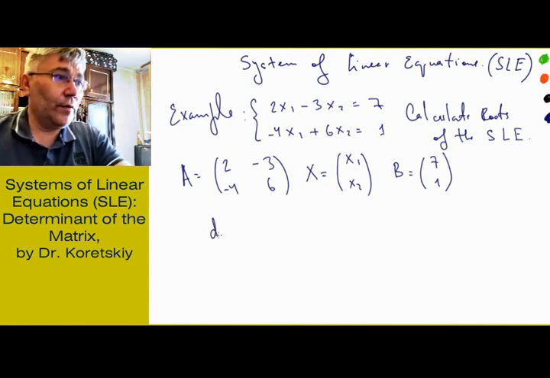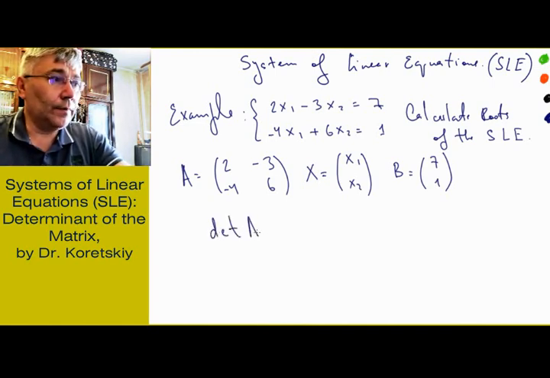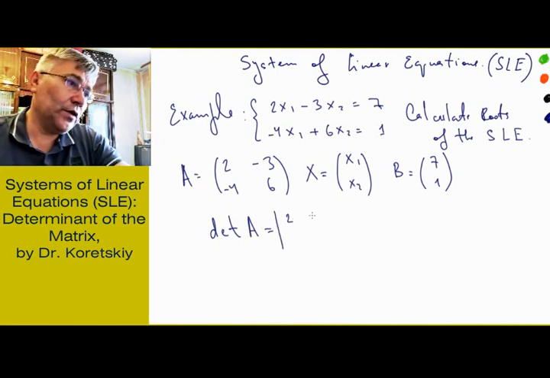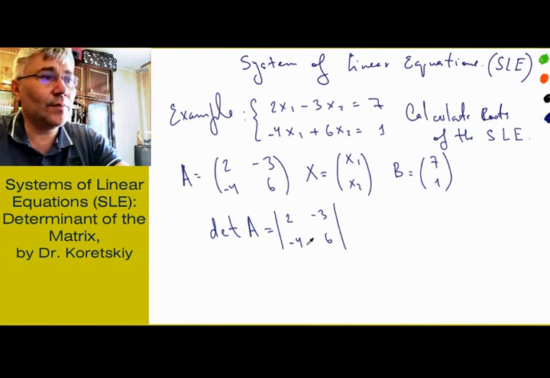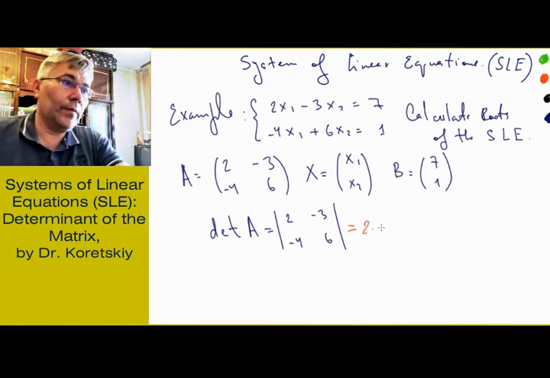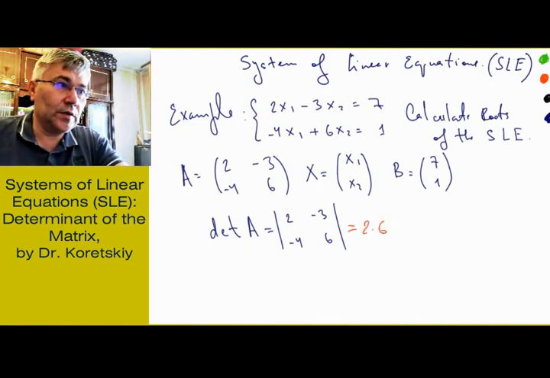So the first step here, we have to calculate the determinant of A. I use this matrix form of 2, minus 3, minus 4, 6. You remember that we have to use this diagonal formula, 2 times 6 minus the opposite diagonal elements multiplied. It is equal 2 times 6 minus 3 times minus 4.